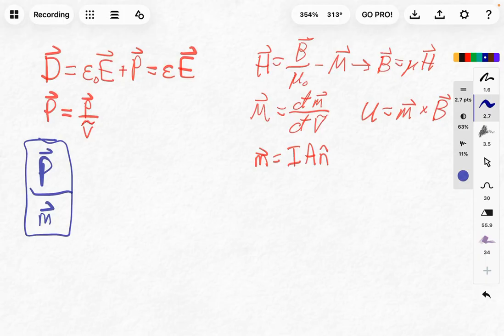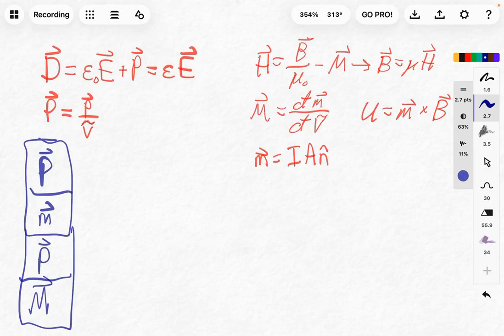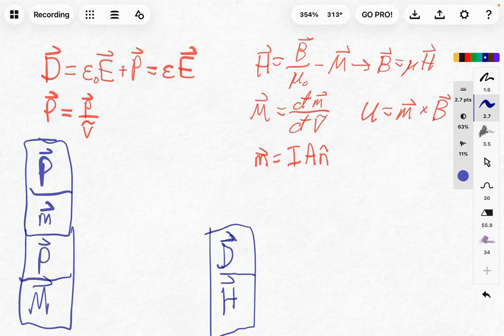We'll be looking at the polarization density, the magnetization vector, the electric displacement field, and the magnetic field strength. And of course, the main topic of today, which is what we're trying to get to, we will be looking at permittivity and permeability. So that would be epsilon and mu normally.